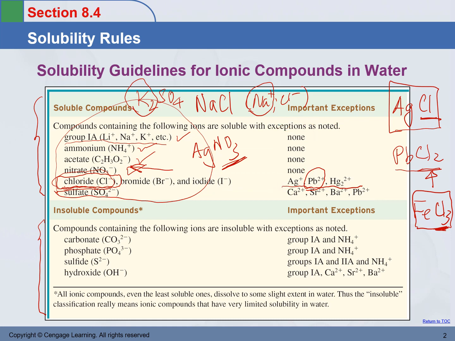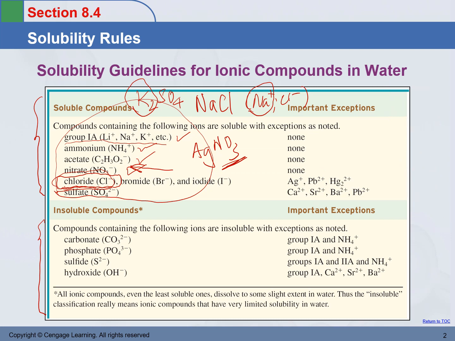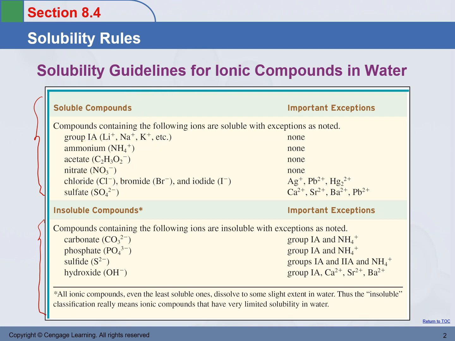All right, let's move down to the next section. Compounds that are not soluble. Carbonate ion. If a compound has carbonate ion, it will be insoluble unless the positive ion is group 1A metals or ammonium.